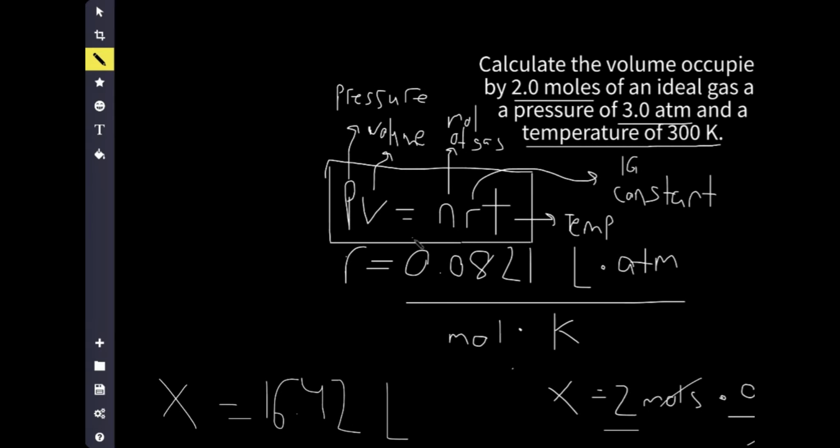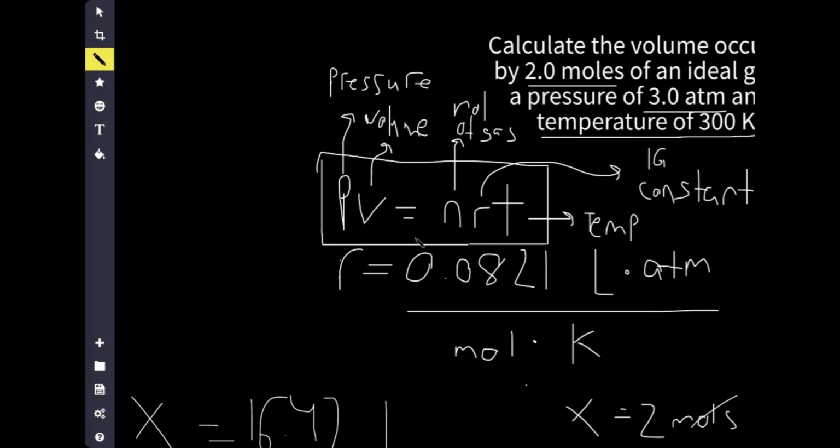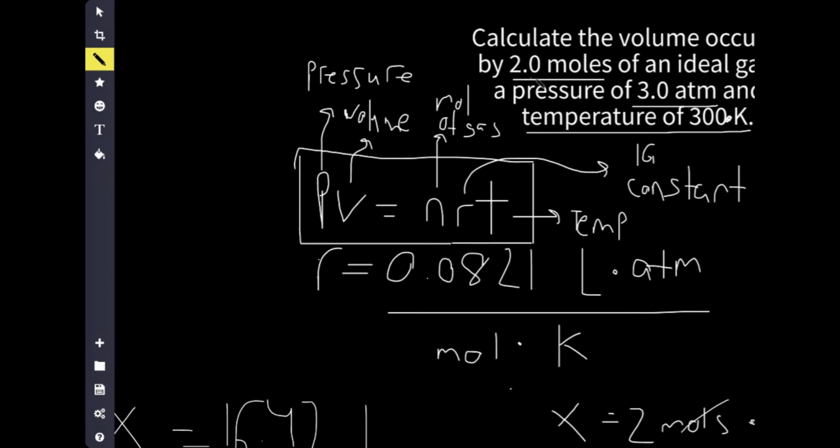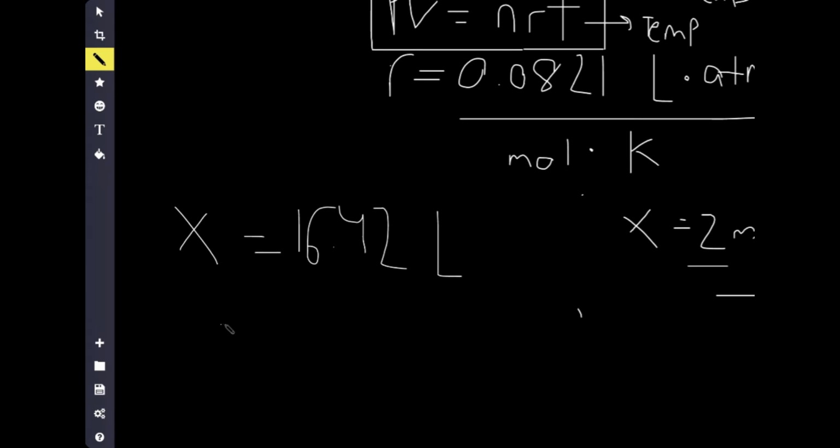And rounding to the correct number of digits, I should have put a decimal here. Just pretend I put a decimal here at the end of the problem. If we round to 2 digits, the volume that the gas occupies is going to be 16 liters. And that's going to be our answer.